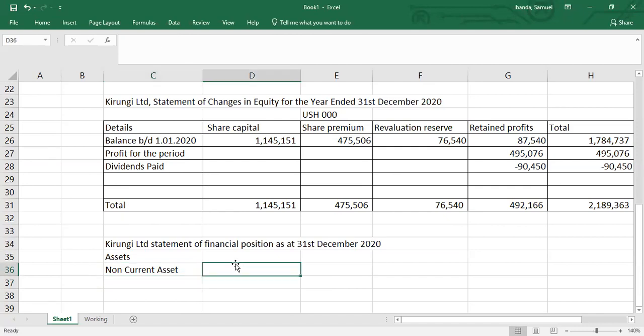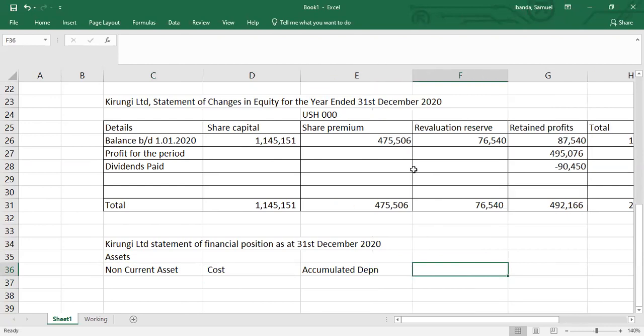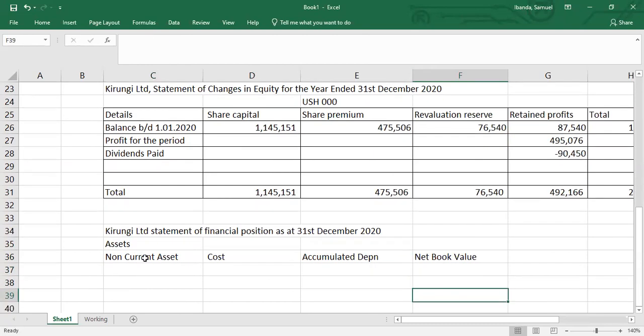And for non-current assets, I usually look at costs, and I look at accumulated depreciation, and then I'm also able to get my net book value, okay? That is what I basically do right here.